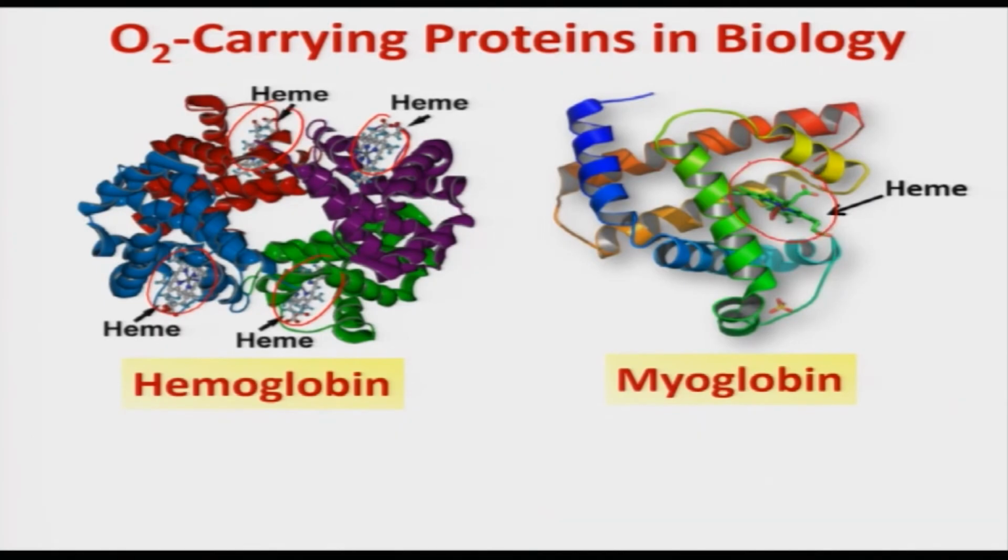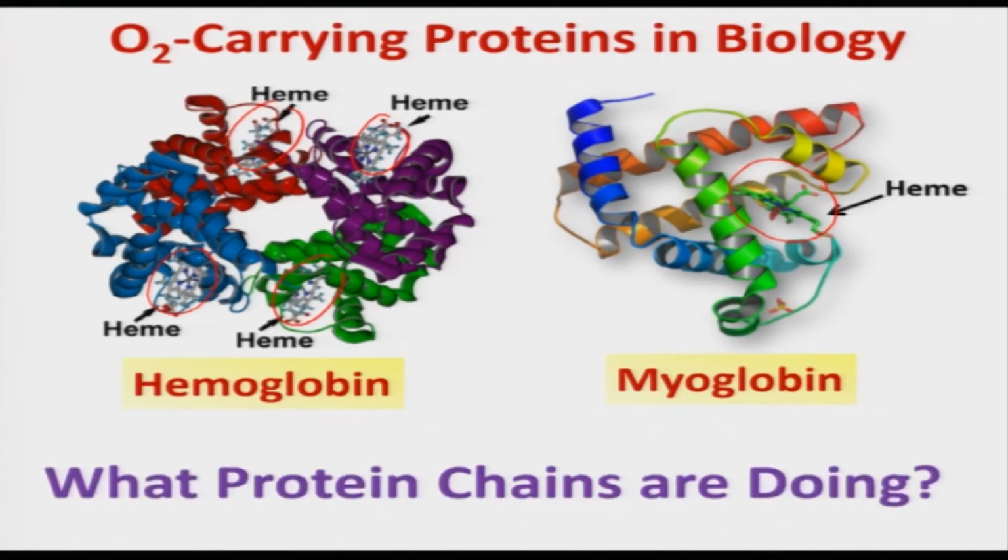However, it is interesting to note that there are huge protein chains in both hemoglobin and myoglobin which are covering this entire heme unit. Now, the question is what these protein chains are doing.